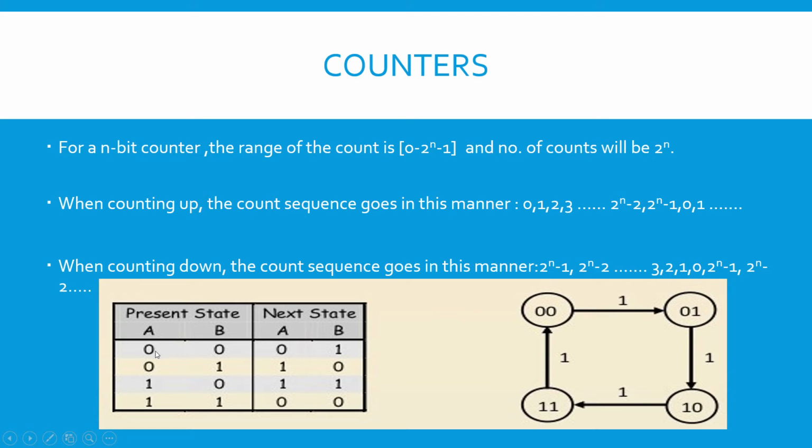Starting from the value 00, it changes only one bit at a time; in the next state it becomes 01, and then the most significant bit changes from 0 to 1. The state diagram also says the same: starting from 0, it will end at 11, and only one bit changes at a time.